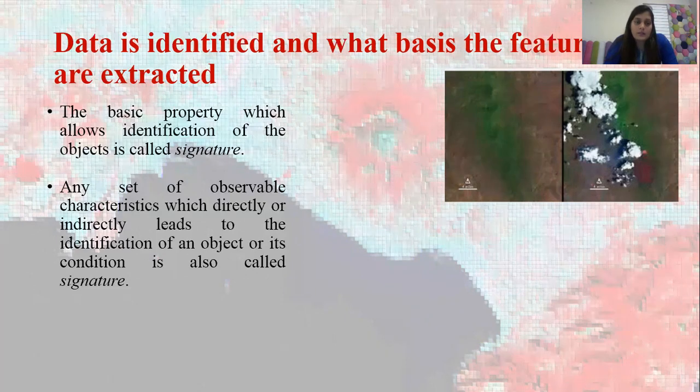So cloud is one type of scattering which has occurred, and that is why they have shown us the cloud image. So data identification is important and features are extracted by their own signature. Every image has its own signature, and according to that it will take the information.